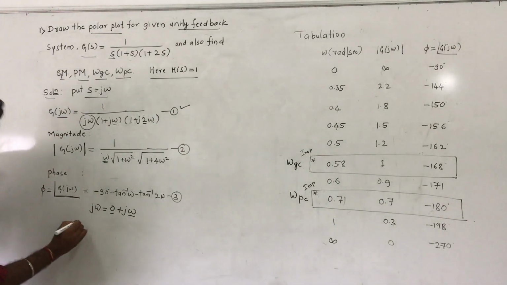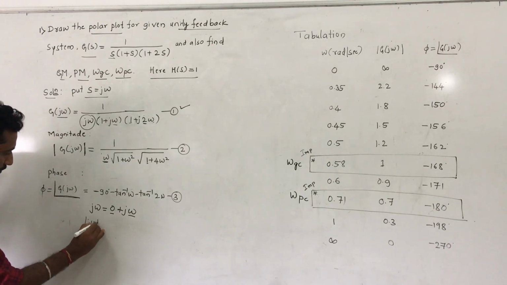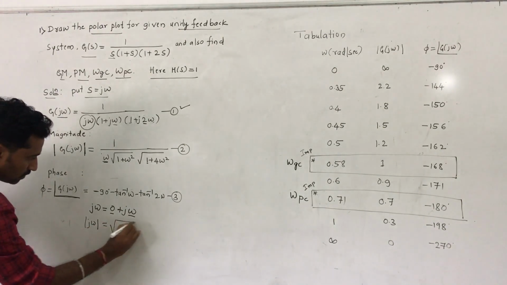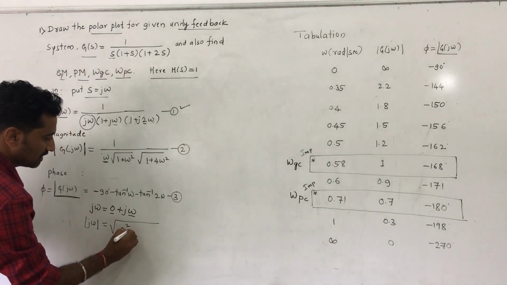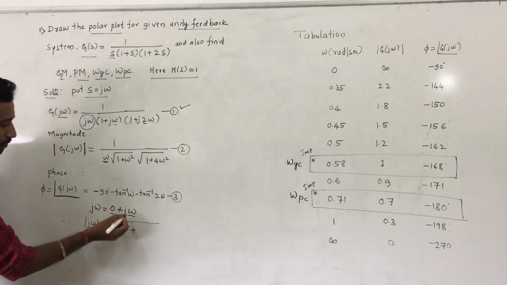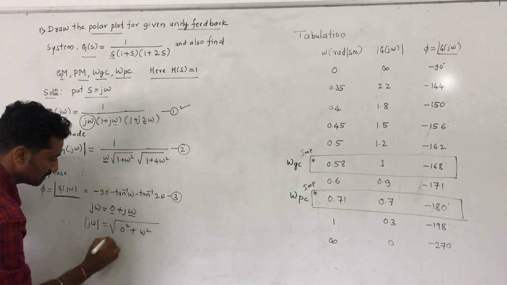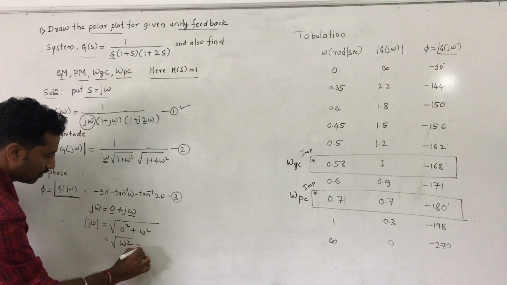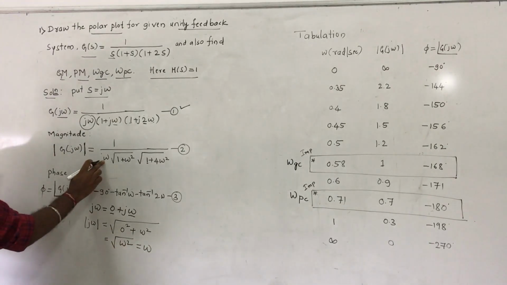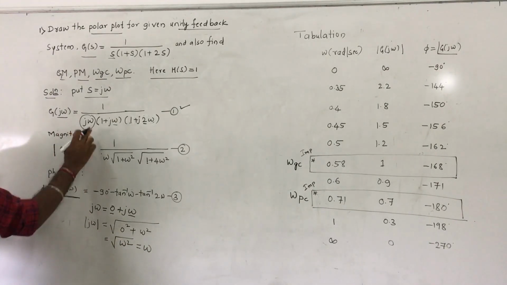The magnitude of j omega is equal to under root real part square, that is 0 square plus the imaginary part square, omega square. This results in under root omega square, so the magnitude of j omega will be omega.